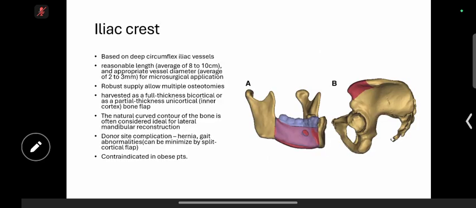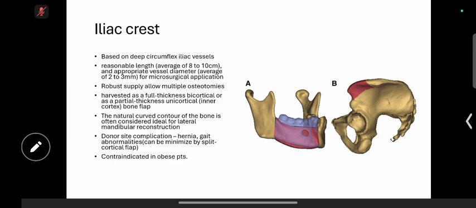Next is iliac crest. It is based on the deep circumflex iliac vessel. It has a reasonable length, on average 8 to 10 centimeters, and appropriate vessel diameter, on average 2 to 3 mm, for microsurgical application. It has a robust supply, allows multiple osteotomies, and can be harvested as a full thickness bicortical or as a partial thickness unicortical graft, in which the inner cortex is preferred.